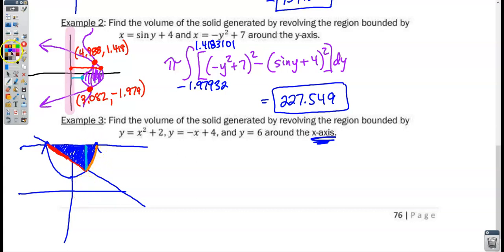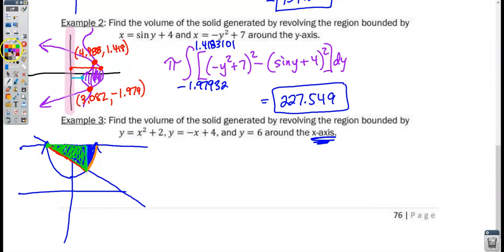So we're going to need two separate integrals in order to find the volume of this solid. Both of them, of course, are going to be washer-based solids since we're revolving around the x-axis. So I'm going to find the volume of this piece first.